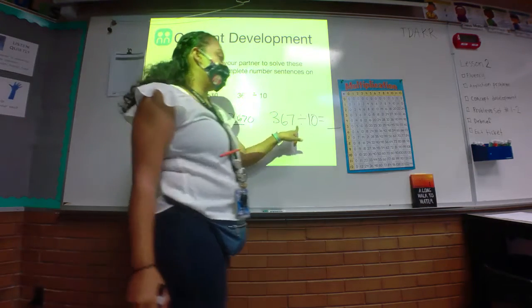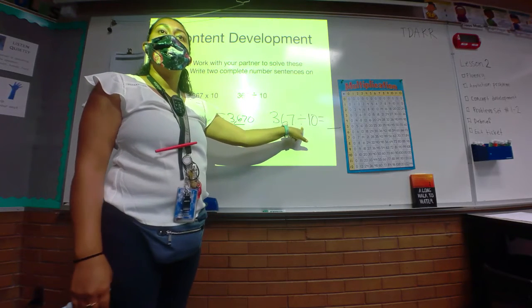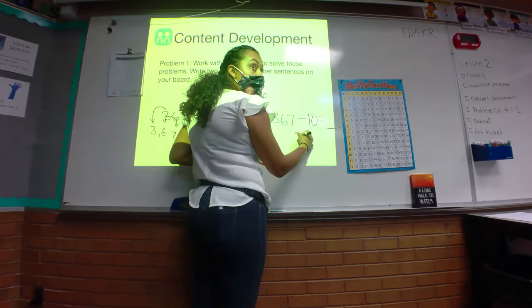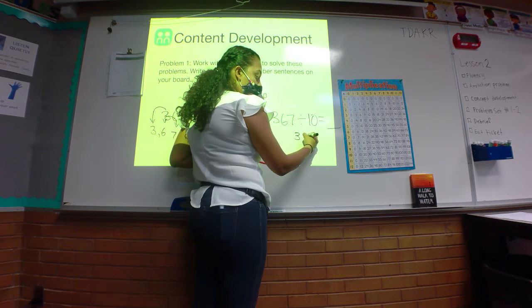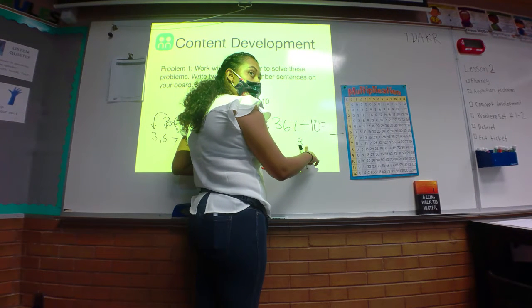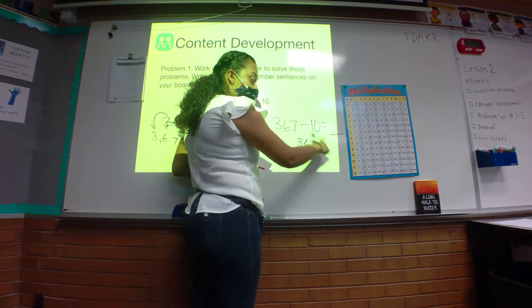Okay, so now since we're dividing, Elian, máscara. Elian, what did you get? Okay, so 3, 6, 7, like that?